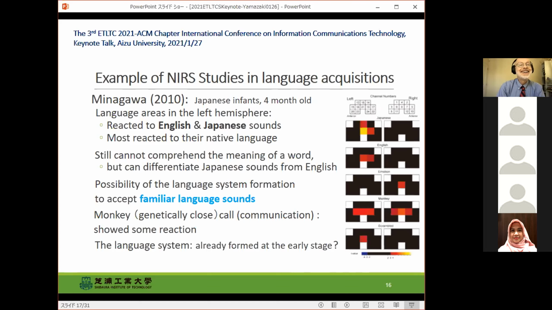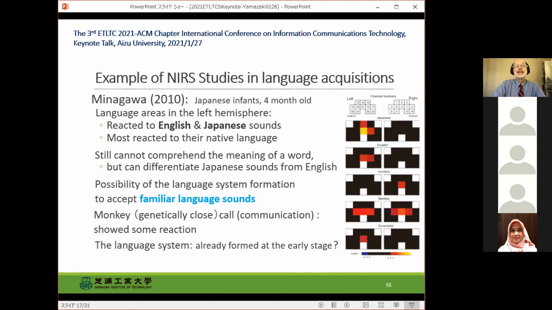Do you know the product? Baby Einstein exposes infants, 4-month-old infants, to all the languages of the world. And the supposition is by listening to those during a formative period, the infant will develop distinctions between all the different acoustical phonetic contrasts. That's right, exactly.